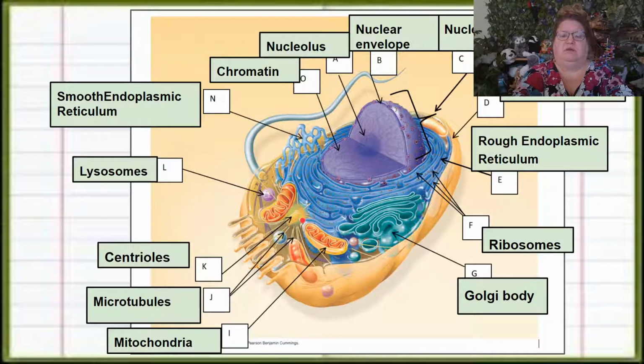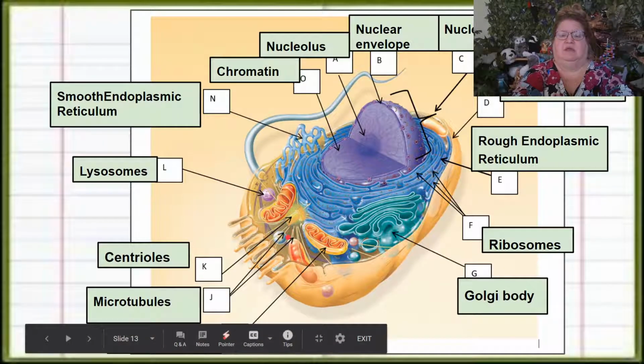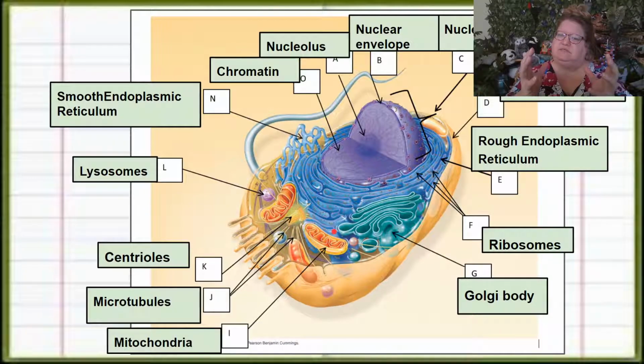Coming from this centriole, notice the centriole has these little yellow lines coming from it. And the yellow lines are called microtubules. And the microtubules make up kind of the internal framework of the cell. They create the shape of the cell, they create the structure of the cell.